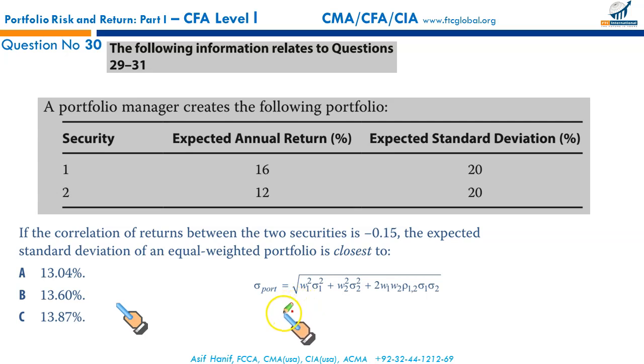So the weight of security 1 is 50%, so we're going to write 0.5 squared.